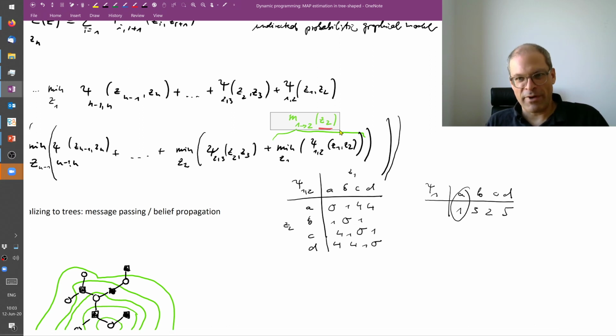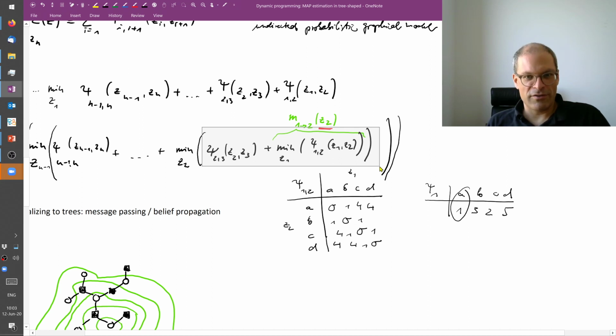Okay, so we have a function depending on z2, and we have a pairwise potential depending on z2 and z3. And these two functions are now the only ones that depend on z2. So I'm performing the minimization over z2 only over these two. And then you iterate this argument.